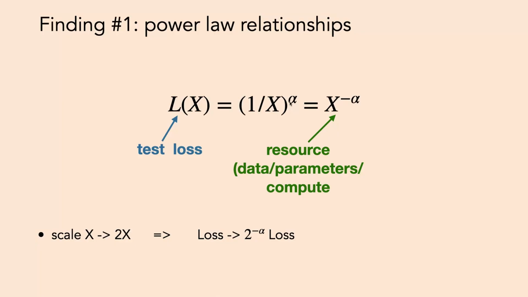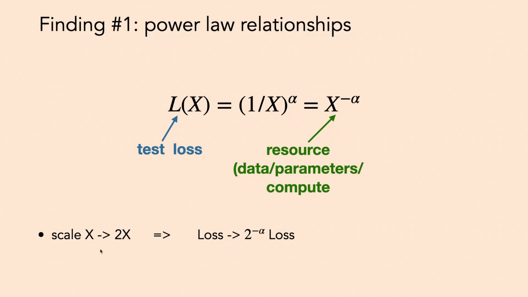So alpha is a constant that will depend on properties of the data, the world, the task, the architecture. But for a particular architecture and a particular task like language modeling with a transformer, we'll have some alpha that can be estimated. And that's the parameter of the power law.